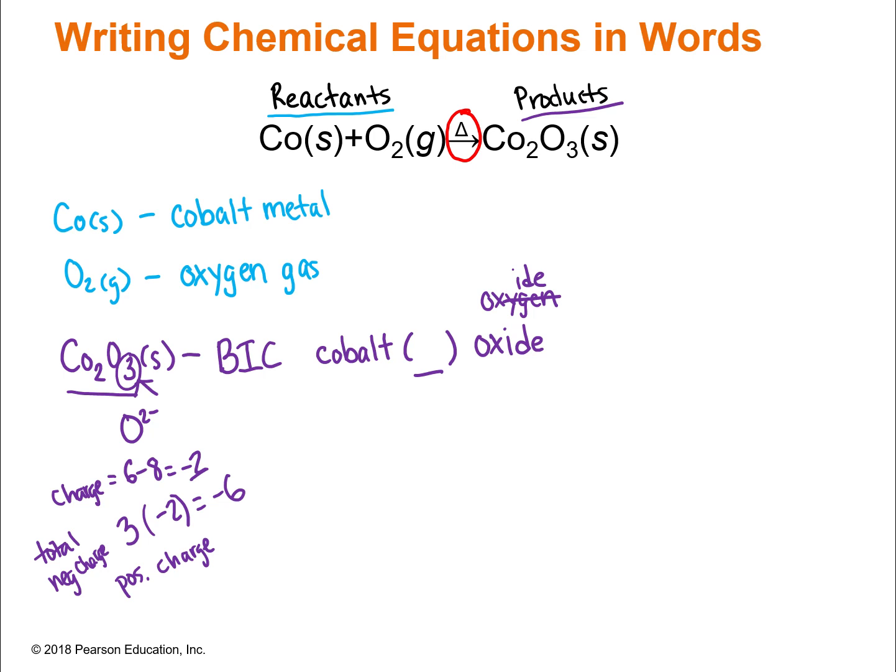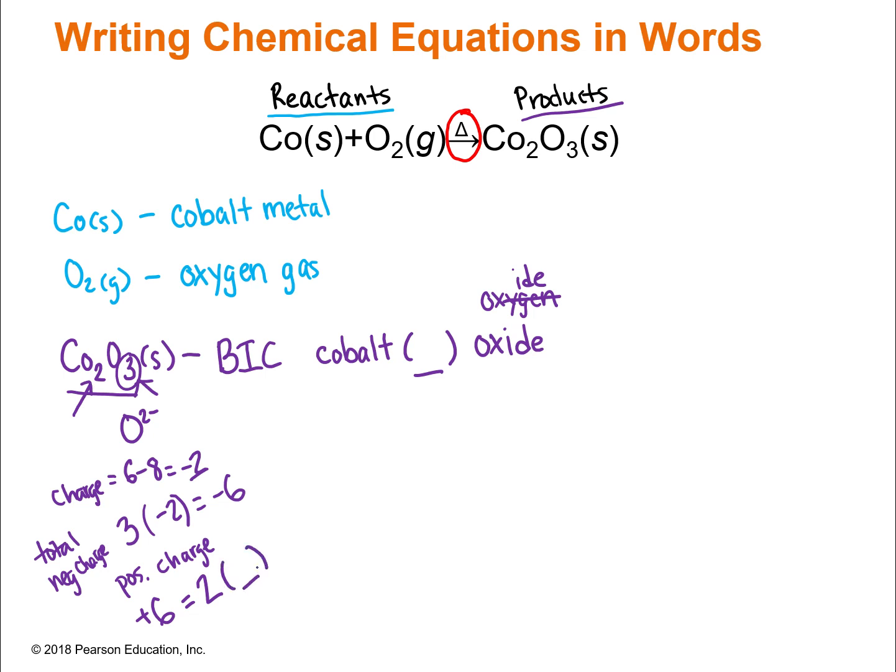So for our positive charge, we know that total, it has to be positive 6 so that we have a neutral formula. From the formula, we see that there are 2 cobalt ions. That's what that subscript means.